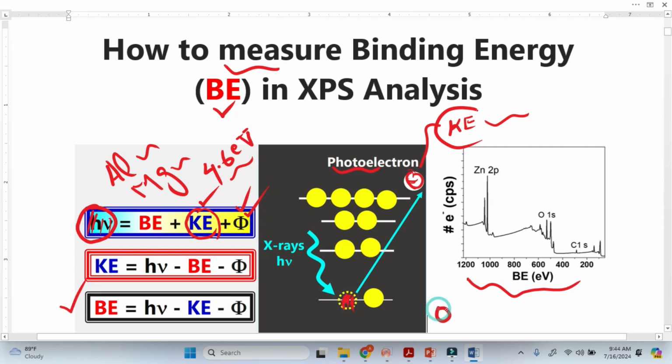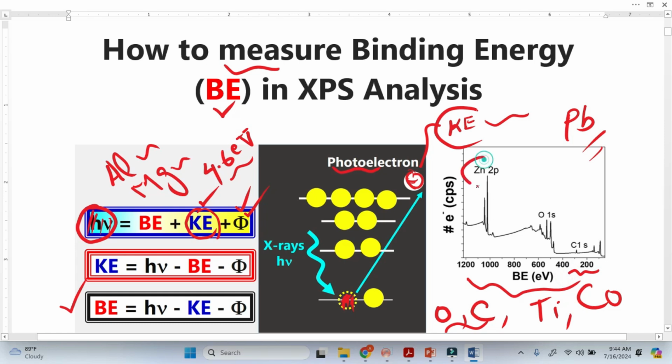whether it was oxygen, carbon, titanium, cobalt, or lead. Because I know that for larger elements like lead, cobalt, etc., the binding energy is higher. For lighter elements, the binding energy is smaller. So the peaks for carbon and oxygen will appear at lower binding energy.